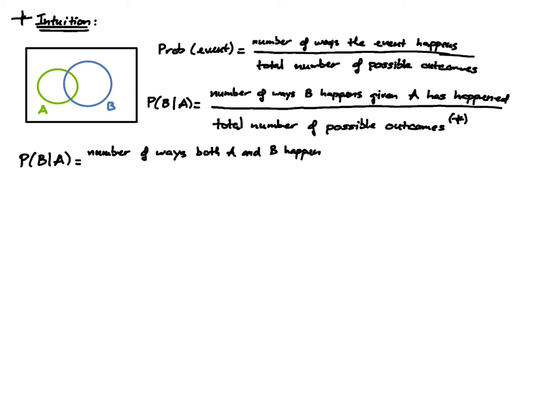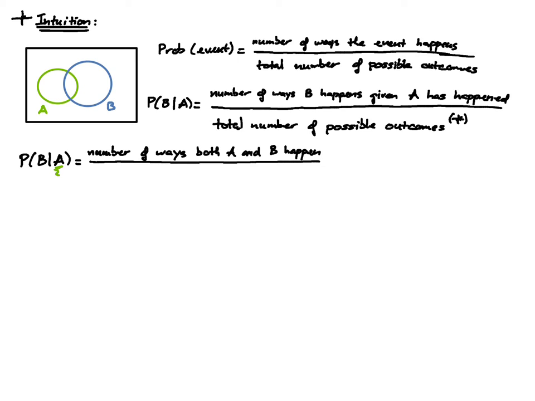Now, let's look at the denominator. The denominator is the total number of possible outcomes with an asterisk. Why do I have an asterisk? Here we are conditioning on the fact that A has happened. That allows us to restrict our attention to just cases where A has happened. And so if you look at the Venn diagram, in a sense, we don't care about the rest of the sample space.